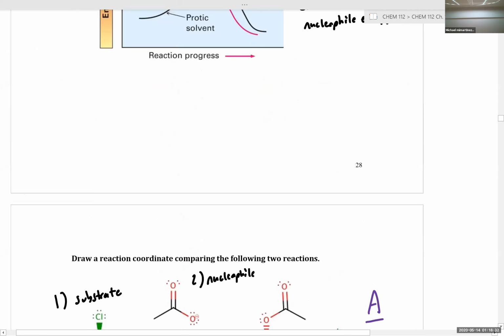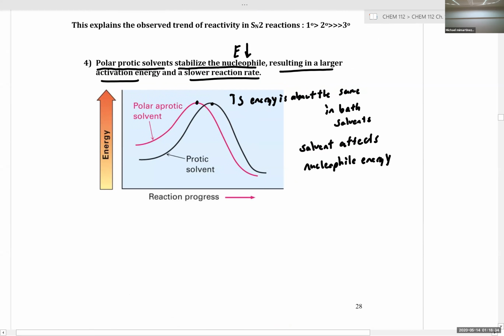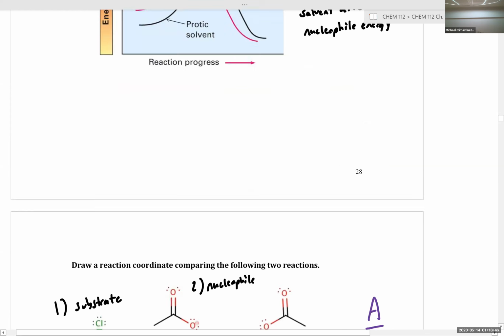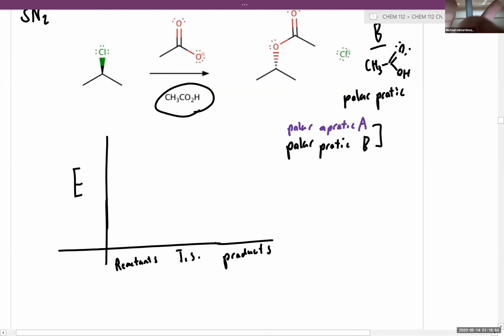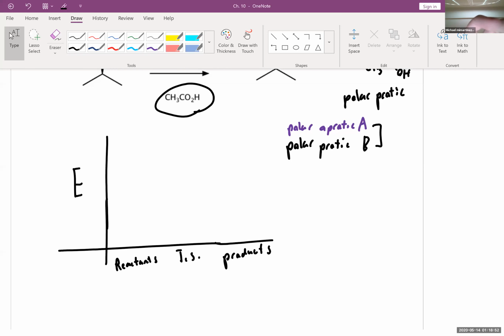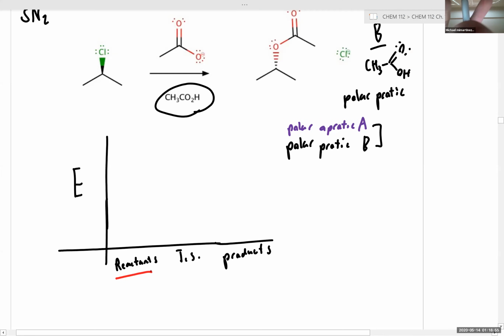Is it the reactant, transition state, or product energy? Looking at our discussion of solvent effects, the change of solvent when you go from polar protic to polar aprotic primarily affects your reactant energy.